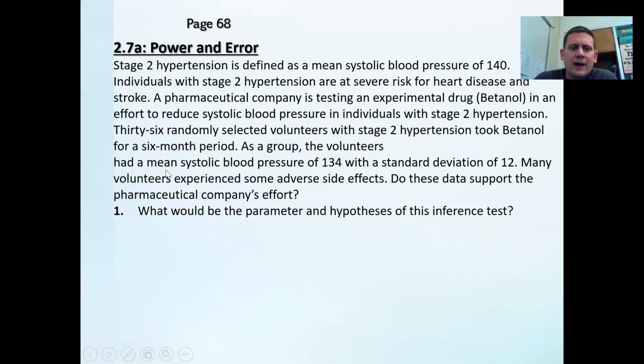As a group, the volunteers had a mean systolic blood pressure of 134 and a standard deviation of 12. Many volunteers experienced some adverse side effects. Do these data support the pharmaceutical company's efforts?